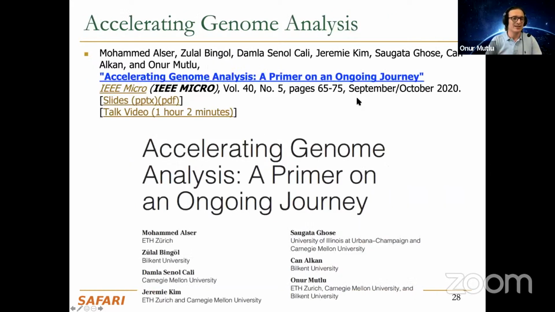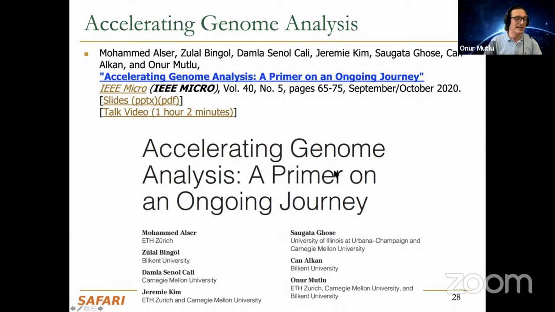Okay, so if you're interested in this, I mentioned this earlier also in lecture 1, but we do a lot of research in genome analysis. That's why I keep talking about it, because I think this is going to be even more important in the future. And I think we are a little bit late realizing that today with the COVID-19 crisis, let's say, if we actually were ready to handle large amounts of genome sequencing, which we were not, clearly, then maybe we would have had a much better response to the COVID-19 crisis.